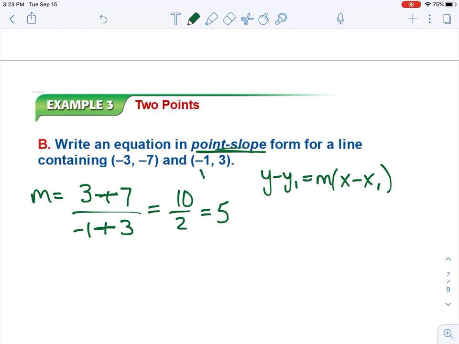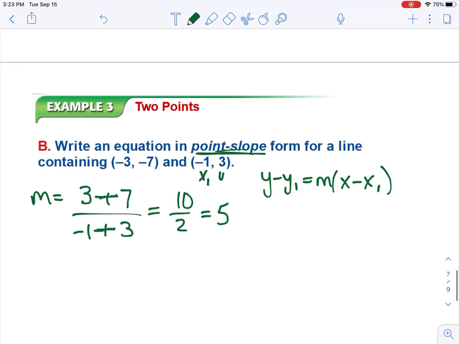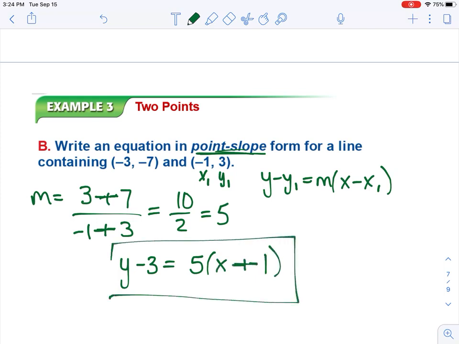Choose either equation. This time I'll choose this guy. Doesn't really matter. They will show the same line. So we have y minus 3 equals 5 times x minus a negative 1, or plus 1. And this is our point-slope form.